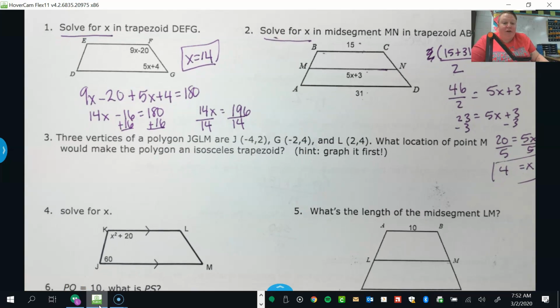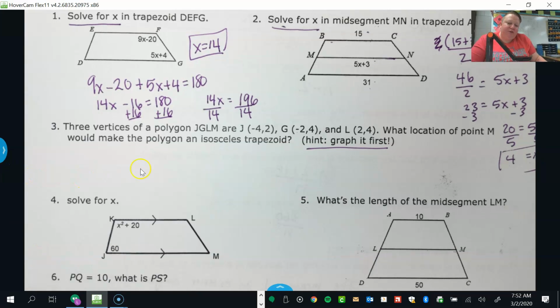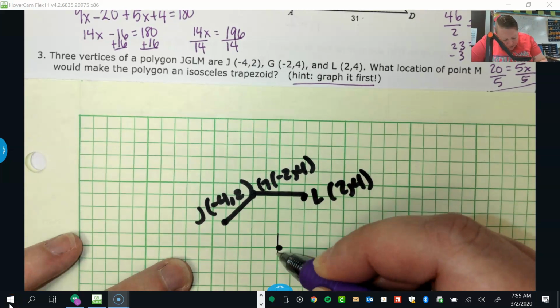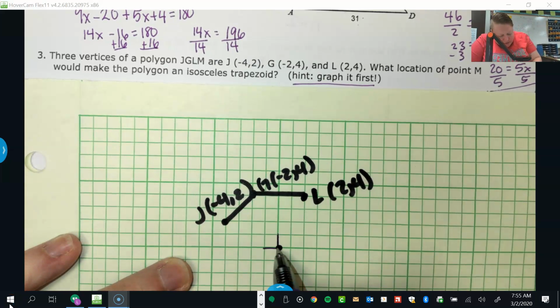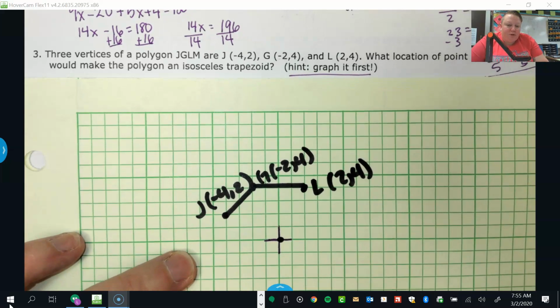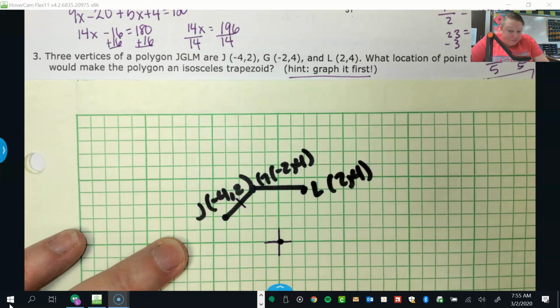It says graph it first. Whenever they give you a hint on a test, you should take the hint. I'm going to get some graph paper so we can do that. Okay, so I went ahead and graphed it. Here's my 0, 0 right here. And it wants an isosceles trapezoid, which means I need the legs to be congruent.